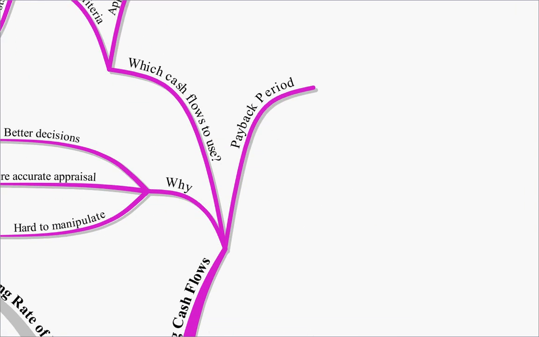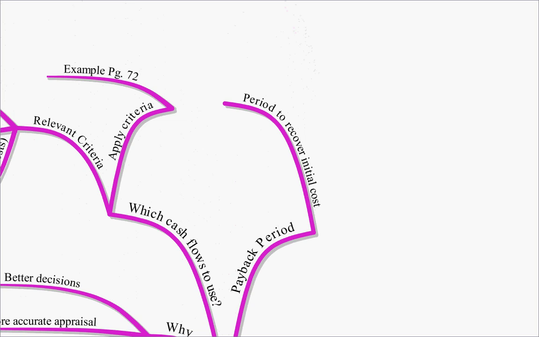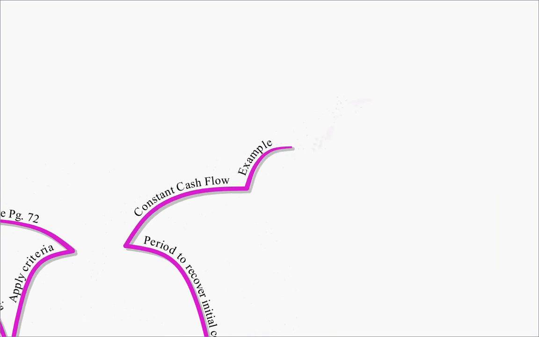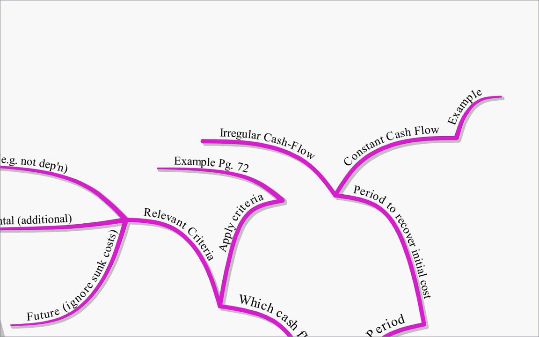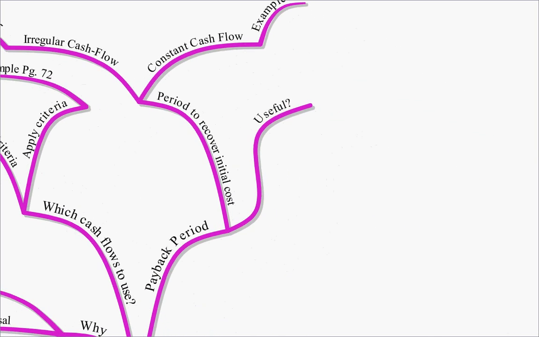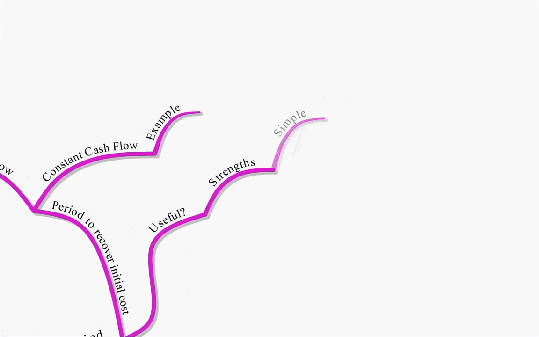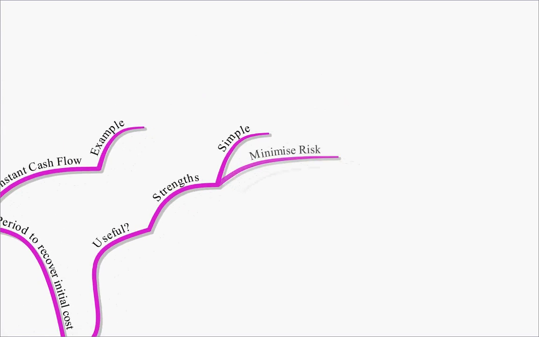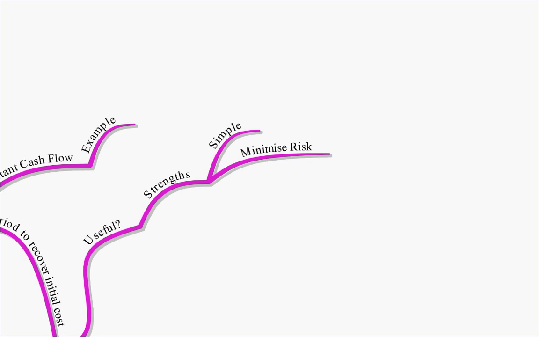This brought us on to our payback period. This is simply the period taken to recover the initial cost of the investment. And you can have a constant cash flow, or you can have an irregular cash flow, and we looked at examples of both of those. Make sure you know how to do both of them. So is it useful? Well, the strengths are that again it's simple. It minimises the risk because you're recovering your investment as quickly as possible.